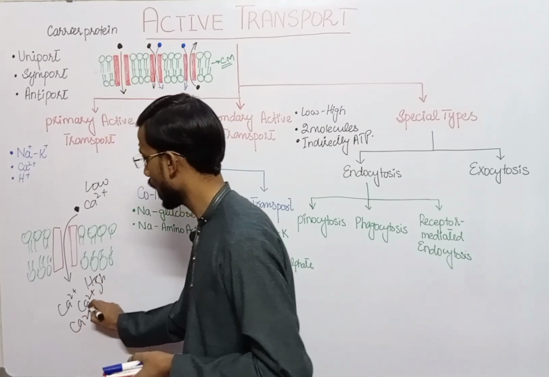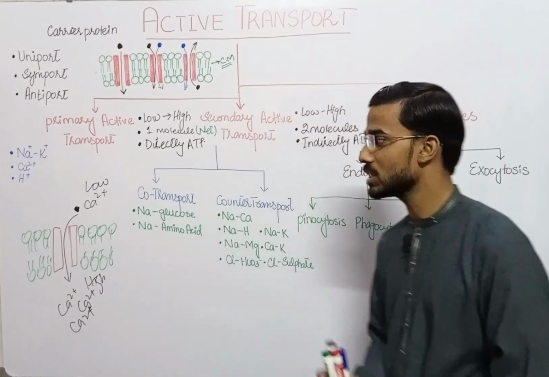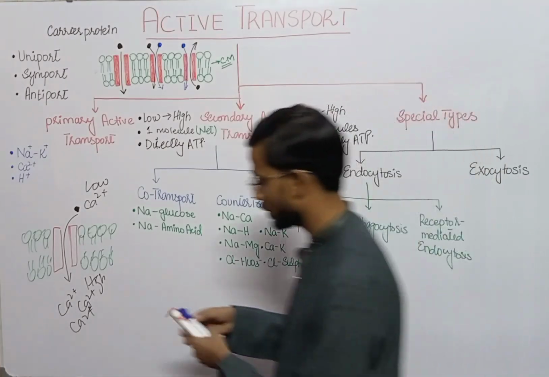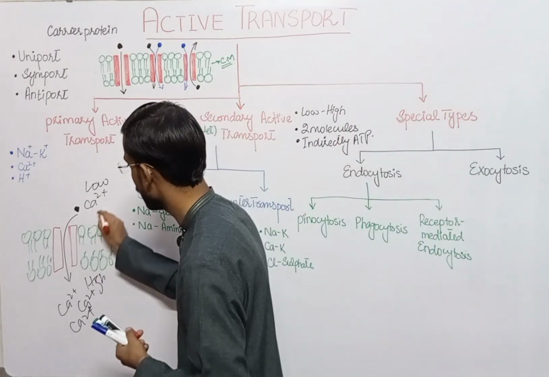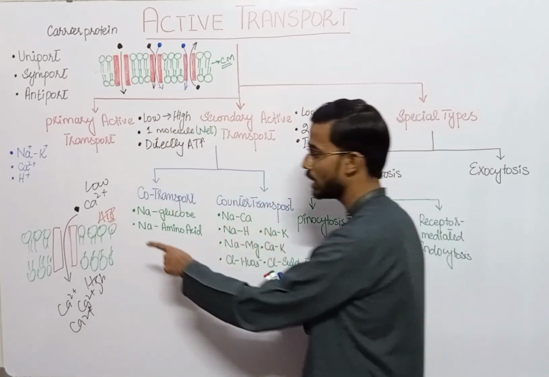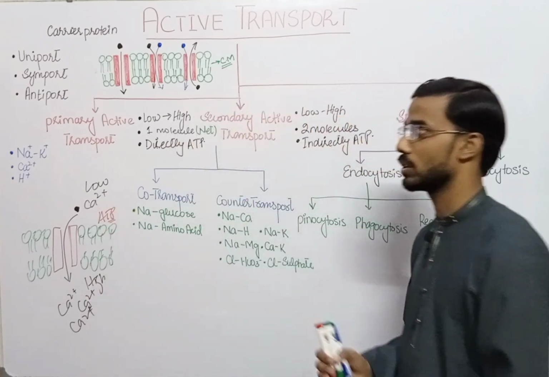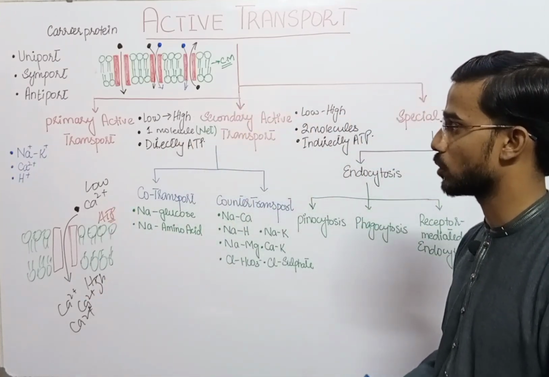Here is the high concentration of calcium inside the cell. Along with this, ATP will also be used. With the usage of ATP, the calcium will move from low concentration to the higher concentration. So this is primary active transport.